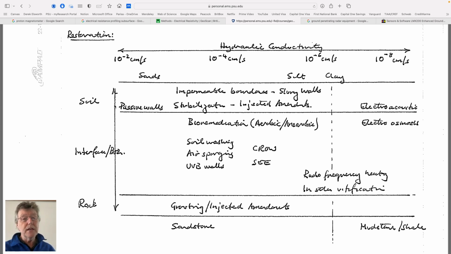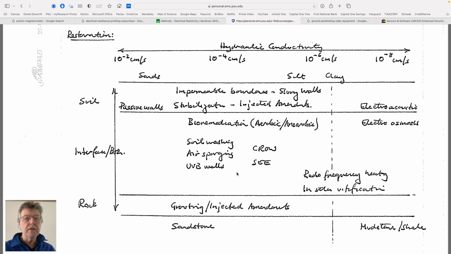And so you might think that you could represent the behaviors of these systems on a chart that looks at the depth of the site that you're remediating versus some property such as permeability, which is the property of the subsurface.